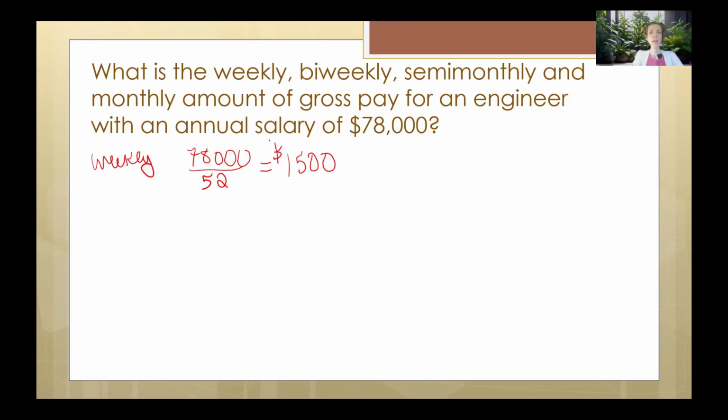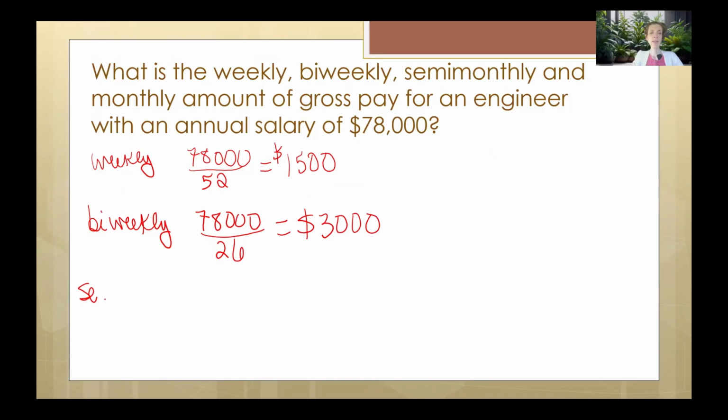Okay. And then for our bi-weekly, so that's our 78,000. And we're going to divide that one by 26, right? Because that's every 2 weeks. So that's 3,000. And then semi-monthly.